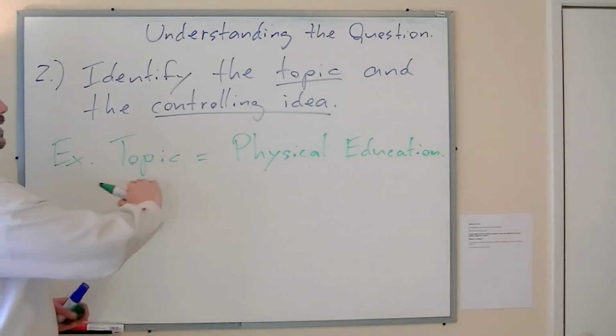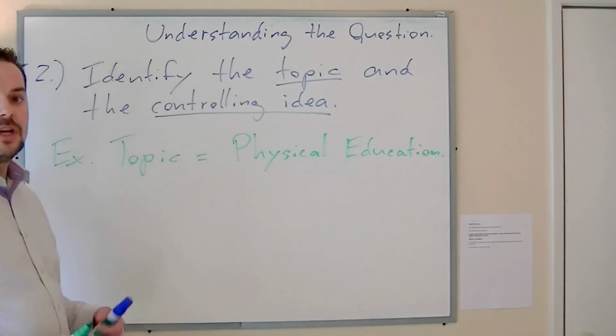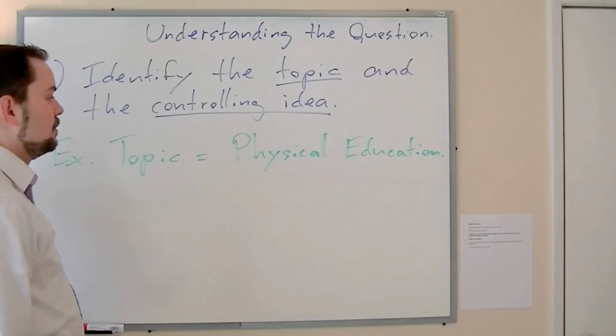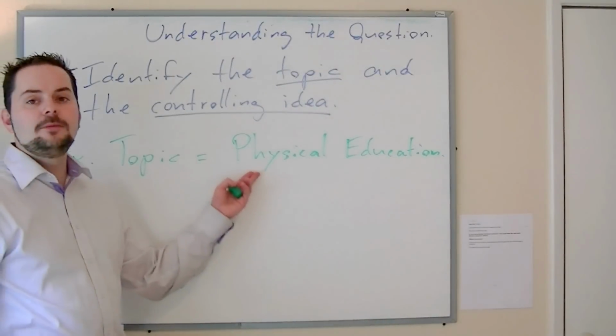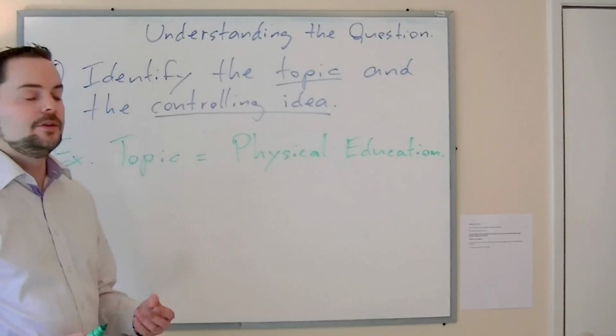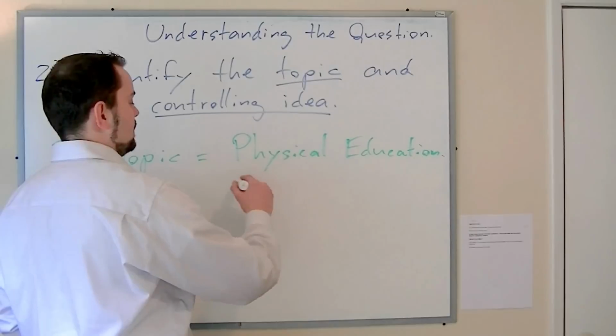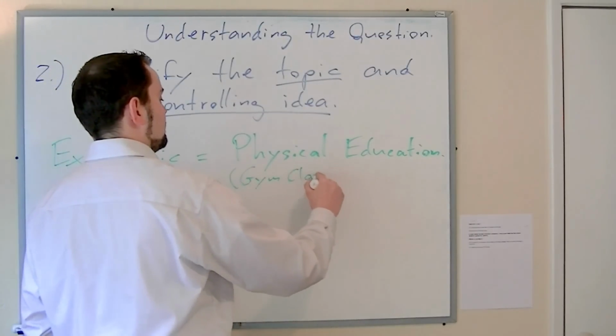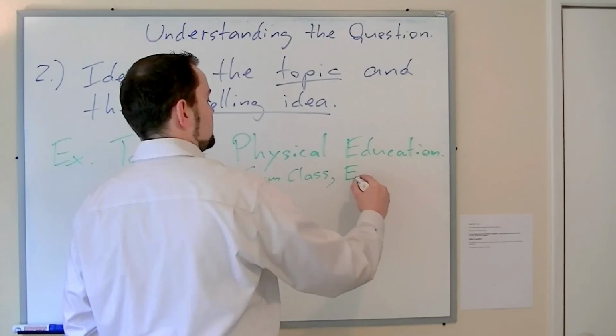Now, when you realize what the topic is, physical education, again, it's a good idea to paraphrase and think about synonyms for the topic, because it's probably something you're going to write a lot. So we can think of things like gym class or exercise class.